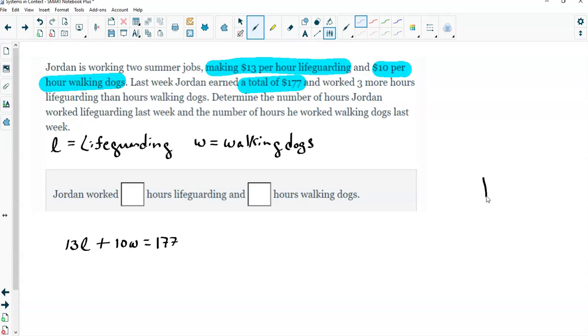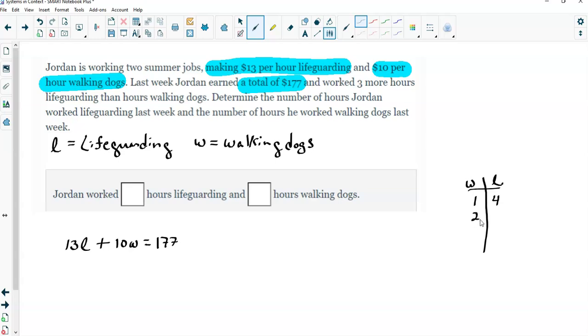So the next part, it says he worked 3 more hours lifeguarding than hours walking the dog. So let's make a little table here. He worked 3 more hours lifeguarding than hours walking dogs. So let's say W for walking dogs, L for lifeguarding. If he works 1 hour walking the dogs and he works 3 more hours lifeguarding, then he worked 4 hours lifeguarding. So 1 plus 3 is 4.